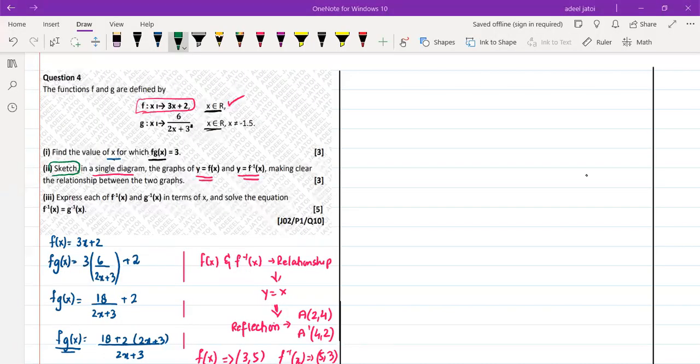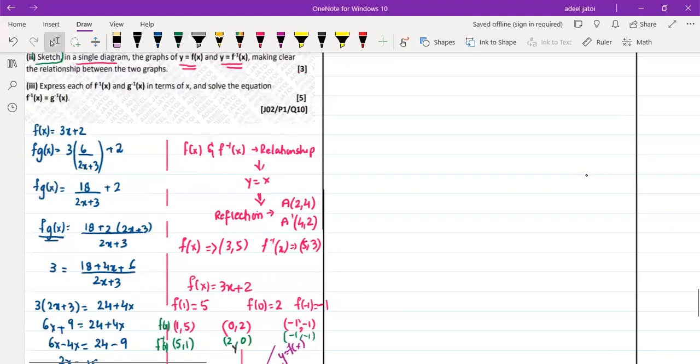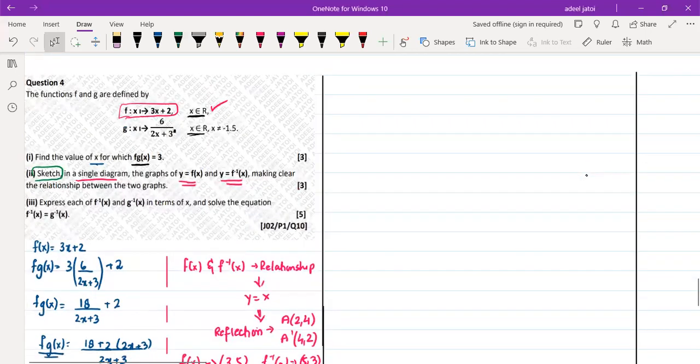Part C. The question says express each of the f inverse x and g inverse x in terms of x and solve the equation. So if we just express these forms, let's say f(x) is equal to 3x plus 2, g(x) is equal to 6 upon 2x plus 3.